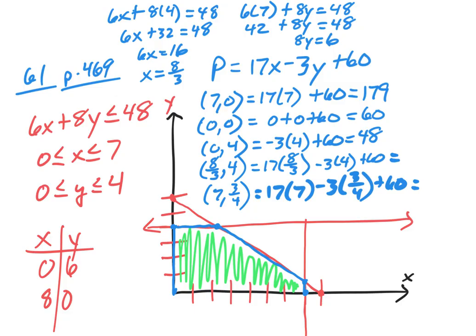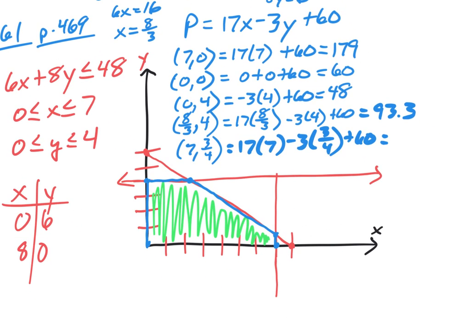Anybody get that one? It'll be a decimal. Both of these are going to be decimals. 93.3. And then for the last one?